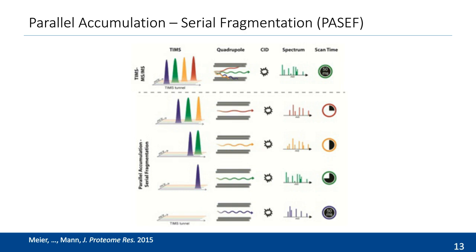So in this example, we would set the quadrupole to isolate the red ions as they elute from the TIMS device, which takes about 2 to 3 milliseconds. And once this ion mobility peak is gone, then we would quickly switch the quadrupole to the yellow ions for another 2 to 3 milliseconds, and then jump to the green ones, and finally end up with the blue ones.